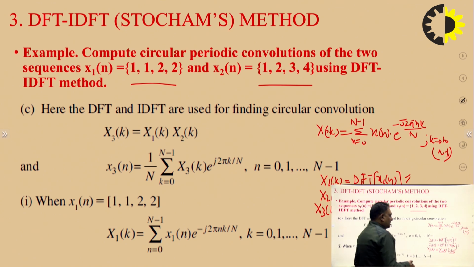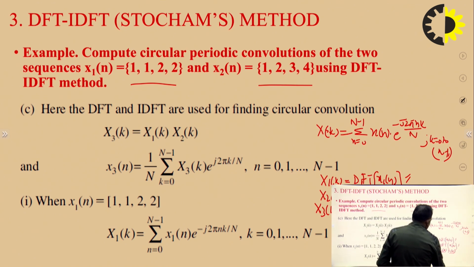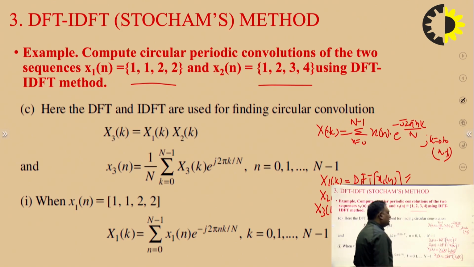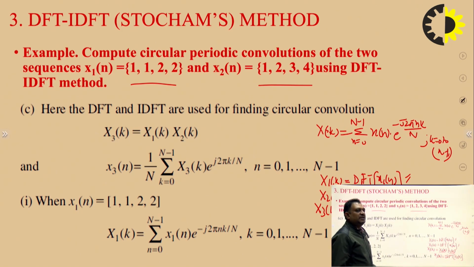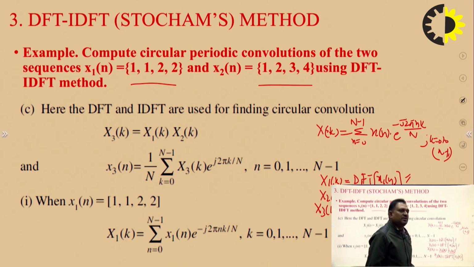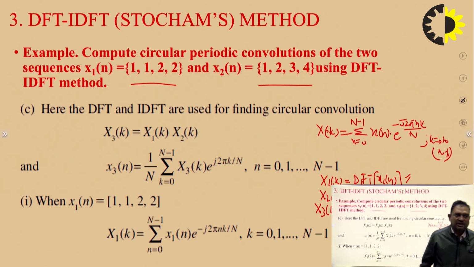But you are interested in the circular convolution, so x3(n) will become the IDFT of X3(k). This is the simple algorithm, and this method is very easy to solve using machines, meaning complexity is less in this case.